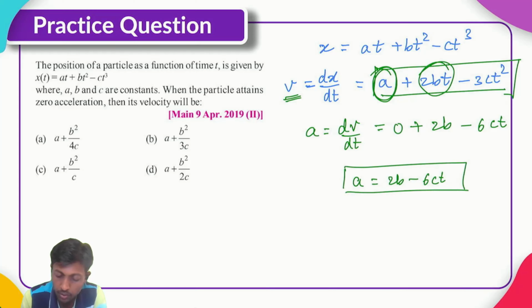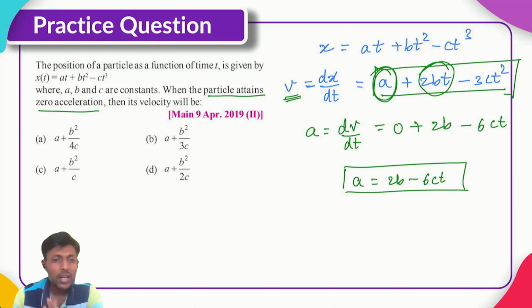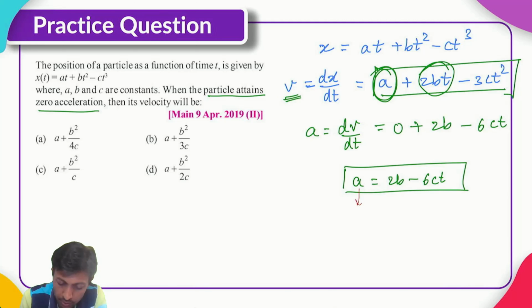Fine. Now let's look at the question. The question says when the particle attains zero acceleration. So when does the particle attain zero acceleration? Let's find that out. Put acceleration, this value, as 0. This is 2b minus 6ct.